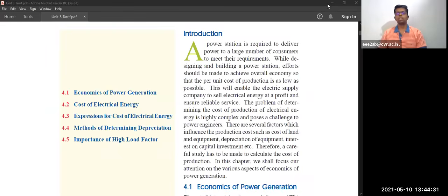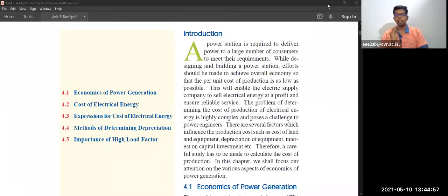While designing and building the power station, suitable efforts should be taken to reduce the overall cost so that the per unit cost of production is also reduced. If you construct the power plant at a higher cost, it will automatically be reflected in your tariff, because we are going to pay the tariff.